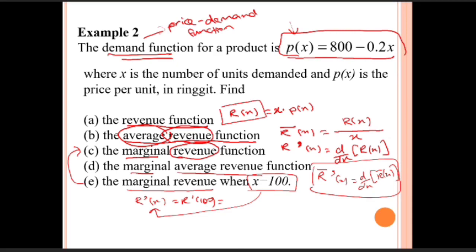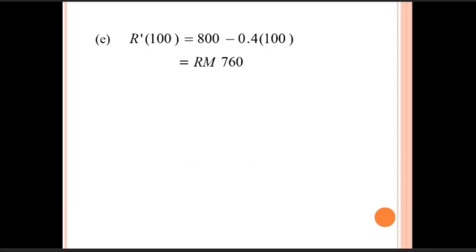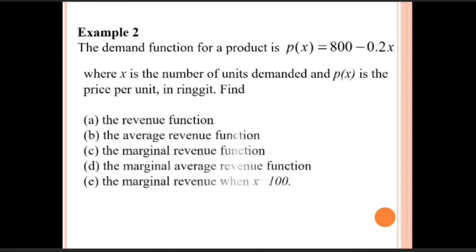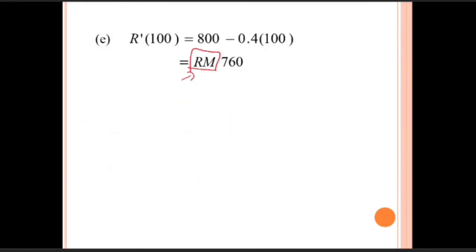So just use the marginal revenue function obtained in C and then just substitute 100 inside the x. And you get 760 ringgit. Please don't forget to write your units because the question mentioned that the unit is in terms of ringgit. If you don't write the unit, then your answer is wrong.